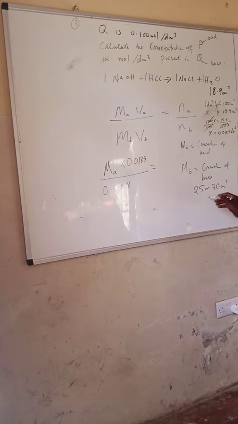So, that would be what? 1 cubic decimeter is equal to 1,000 cubic centimeters. How many cubic decimeters are equivalent to 25? You cross multiply, it will become 1000x is equal to 25. You divide by 1000, so we have x is equal to 0.025 cubic decimeters.